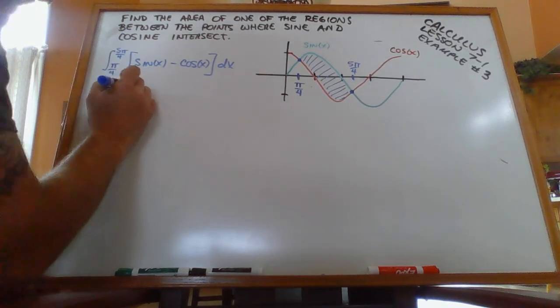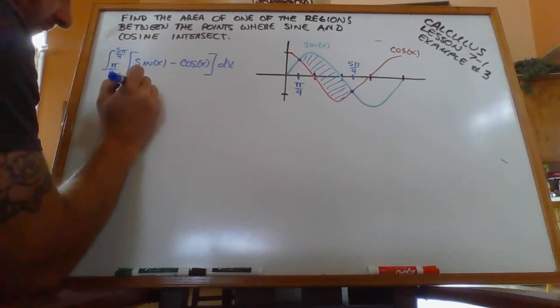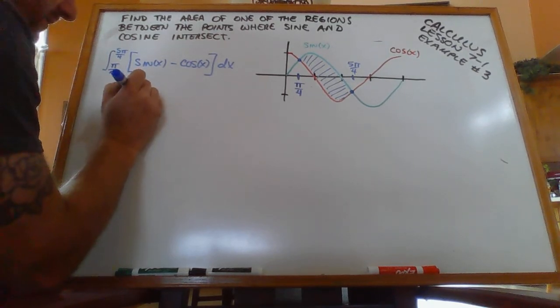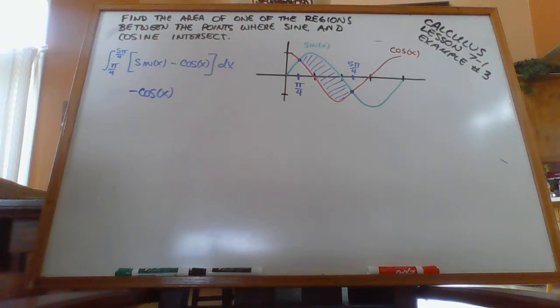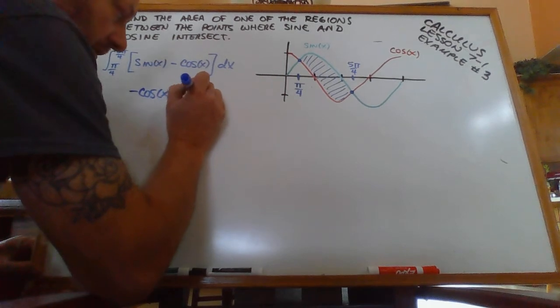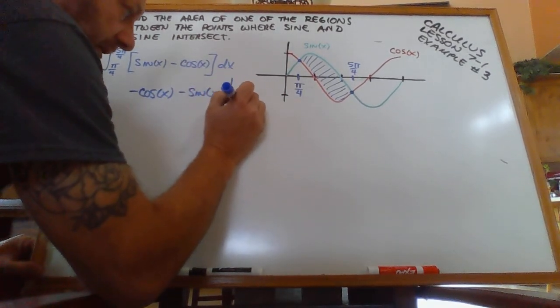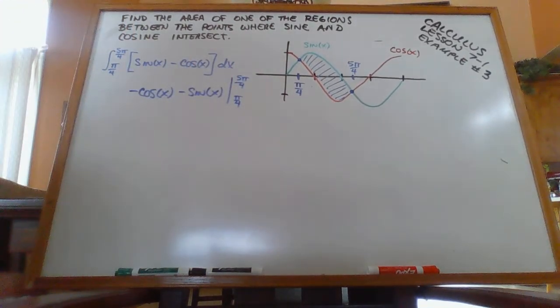The integral of sine is cosine. Or I'm sorry, the integral of sine is negative cosine. And the integral of negative cosine is negative sine. We want to evaluate that from pi over 4 to 5 pi over 4.